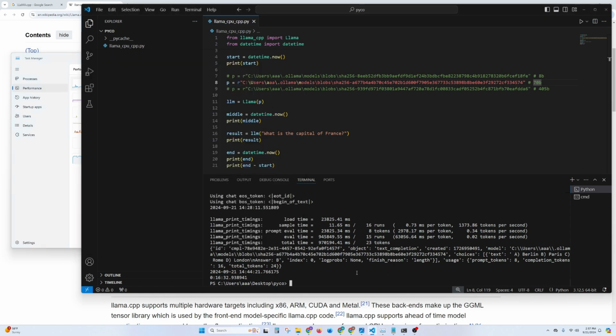So you can watch how bad the performance is. But let's look at what CPU does.